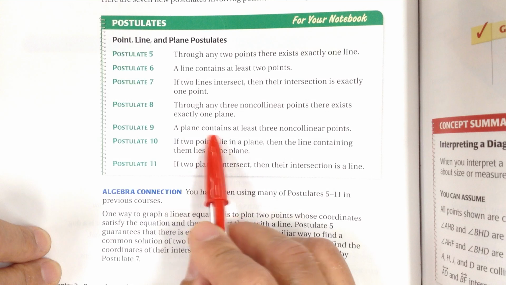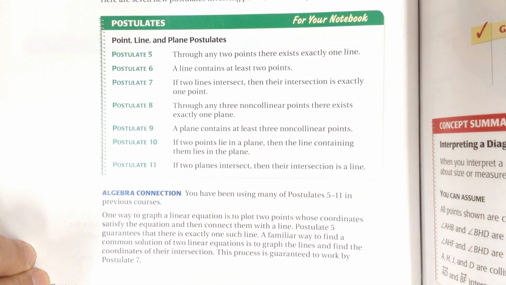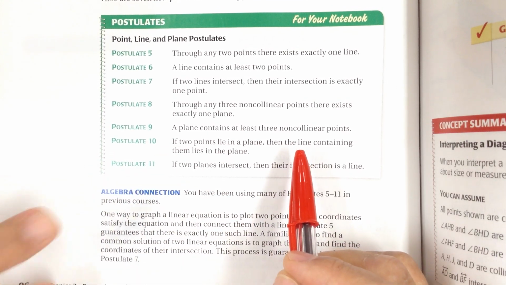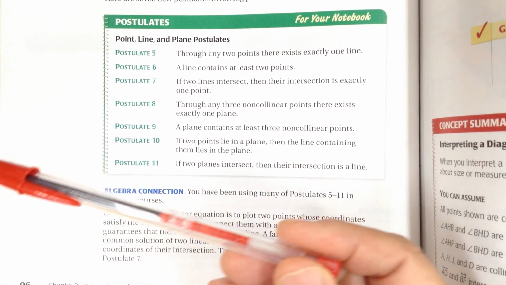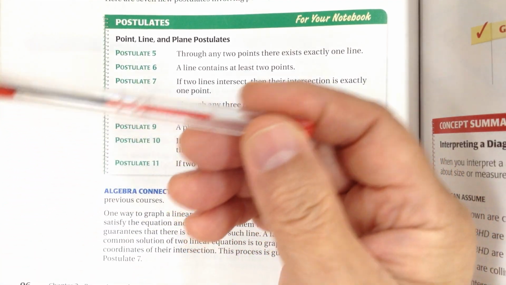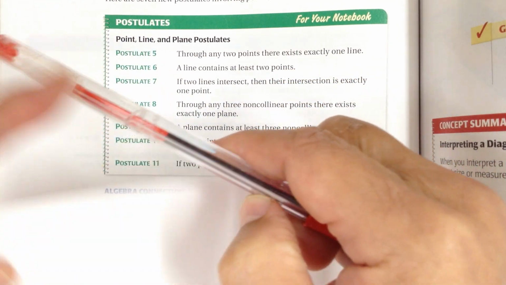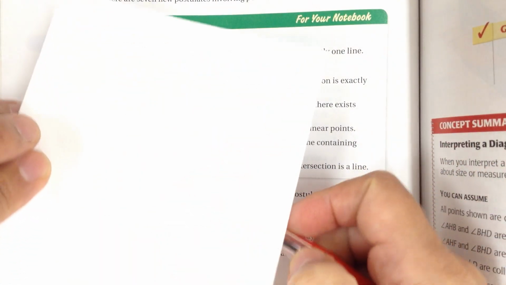Okay, a plane contains at least 3 non-collinear points. So if the 3 points are collinear, then the plane can rotate. Imagine if you have something like this. If this is a line, and you have all the points collinear, and this is the plane, then it can rotate.